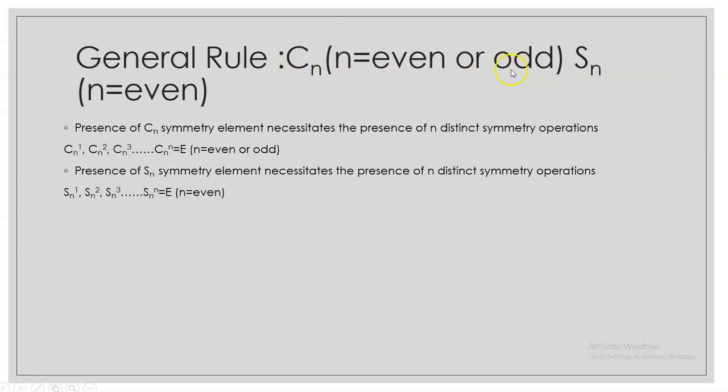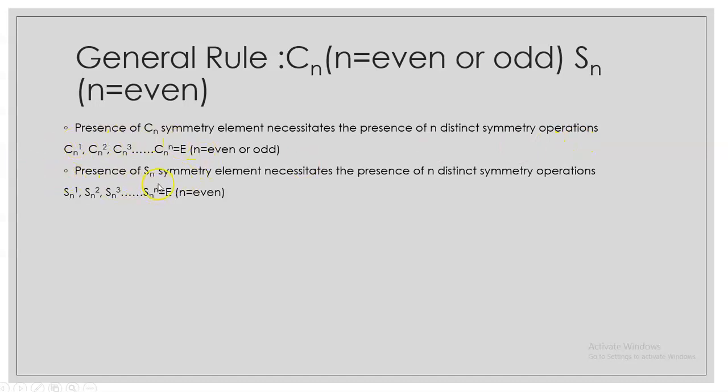But that is not so in the case of your improper axis. The improper axis with n value equal to even gives similarly n number of symmetry operations, as that of your proper axis of rotation. So here we have generalized the statement that the presence of a Cn symmetry element gives n distinct symmetry operations, namely this.